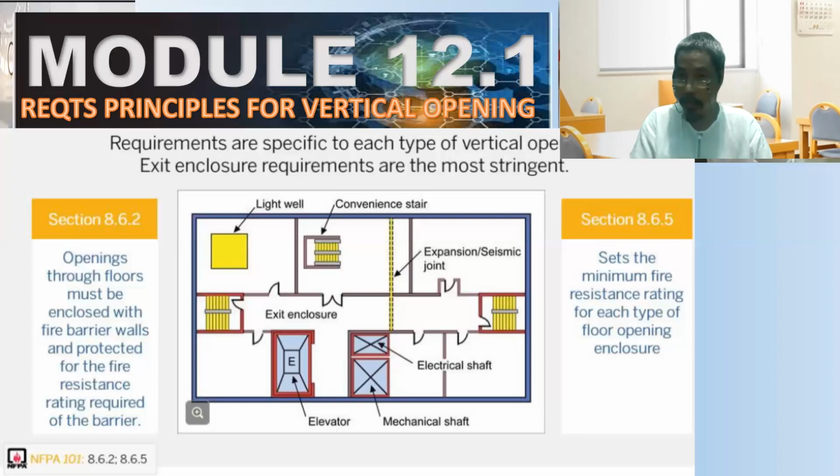We have the elevator, that is a mechanical system. We cannot avoid having vertical openings. Next to the elevator is the mechanical shaft.